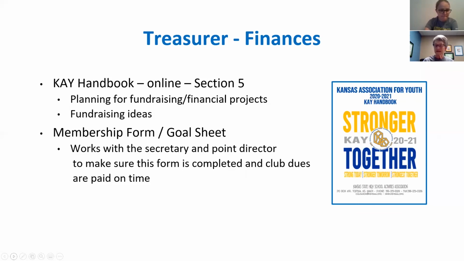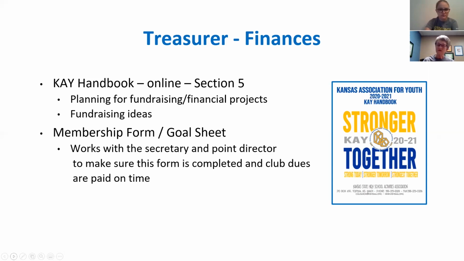But remember, like Hannah said earlier, fundraising is not the main goal. It's a service organization. Yes, you're going to need some funds in order to do service projects. And yes, sometimes you may just want to donate money. But you also need to really think about what kinds of ways you can work together in your club to provide service to someone else. Are there things that you can do for people?